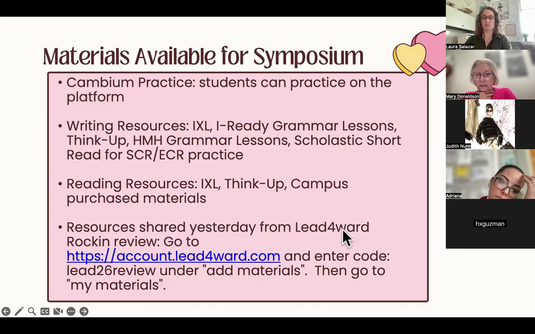They're not practice. And then we are really highly encouraging you all to use those Scholastic short reads for ECR and SCR practice. So you can go in, pick a passage that's on grade level. Yes, they're leveled texts, but you pick one that's on grade level.